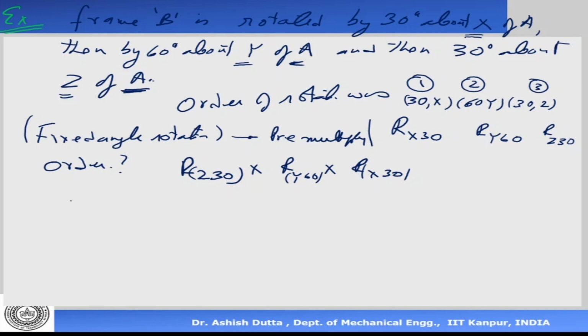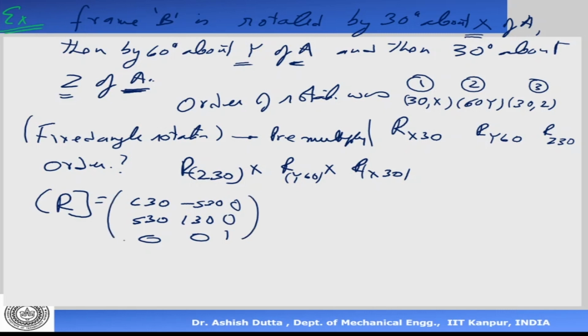So my combined rotation matrix is going to become equal to Rz30: cos 30, minus sin 30, 0; sin 30, cos 30, 0; 0, 0, 1. This is multiplied by the rotation about the y-axis, so let me write down the proper matrix first: cos 60, 0, sin 60; 0, 1, 0; minus sin 60, 0, cos 60.